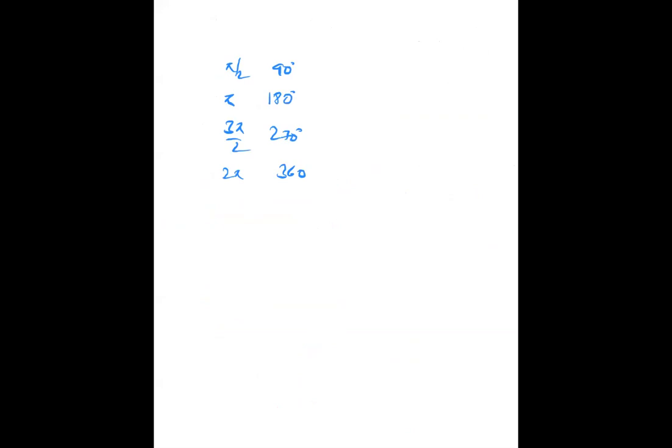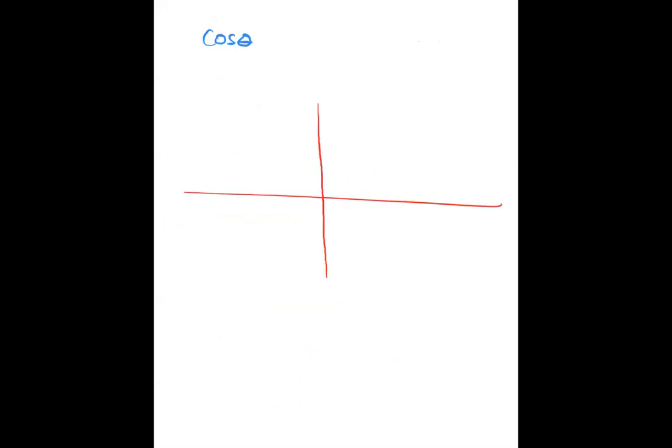Now coming to the nature of cos function. Cos function is also very similar to sine function. Only thing is, if you see the graph of cos function, cos 0 is 1 actually. For cos 0, the value of cos theta is 1. And then for cos 90, the cos becomes 0.